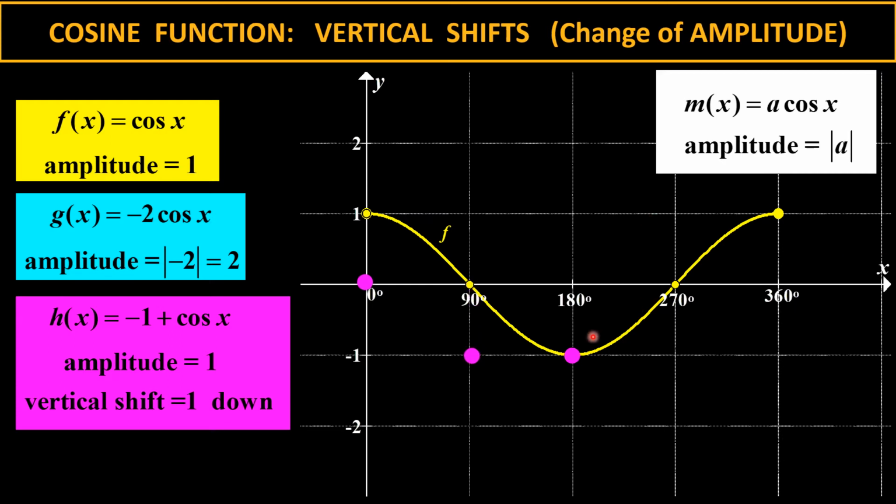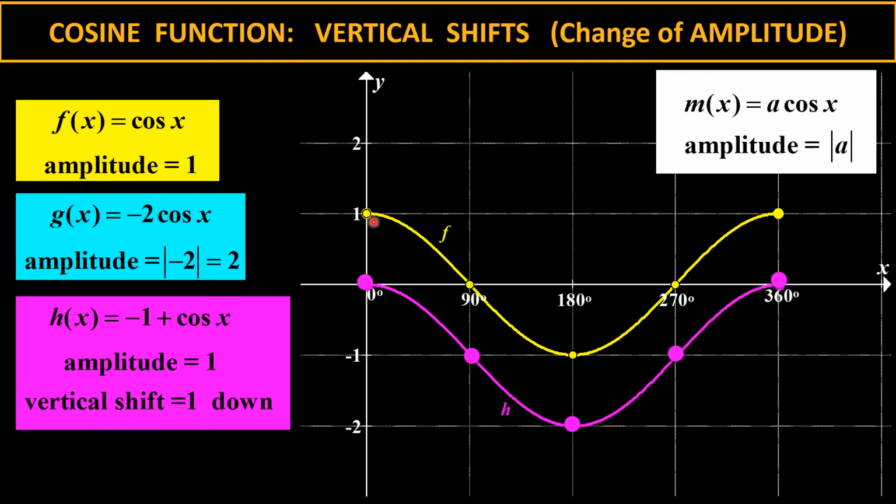And then negative 1 with negative 1 gives me negative 2, you can see there. And then 0 plus negative 1 gives me a negative 1. And 1 plus negative 1 will give me a 0. And if I join those points, that is the graph I get.